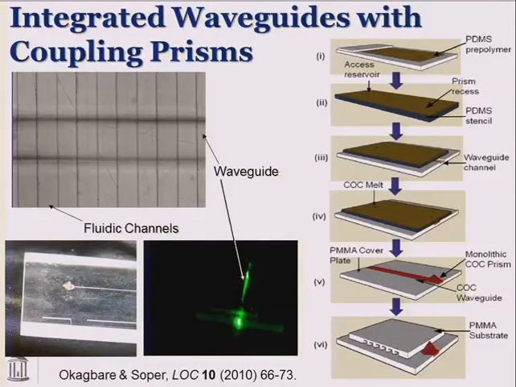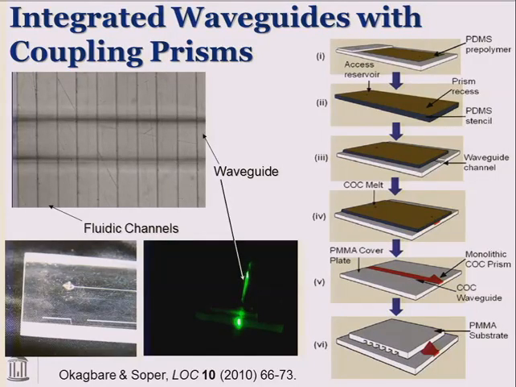So we published this several years ago, but here's how you can make embedded waveguides. We're using polymethyl methacrylate as the substrate with a channel that's been embossed into it, and then we conformally seal onto that a piece of PDMS that serves as a stencil. Then we add a COC melt into that, and this waveguide and the coupling prism are made with cyclic olefin copolymer. Those two materials have a different refractive index.